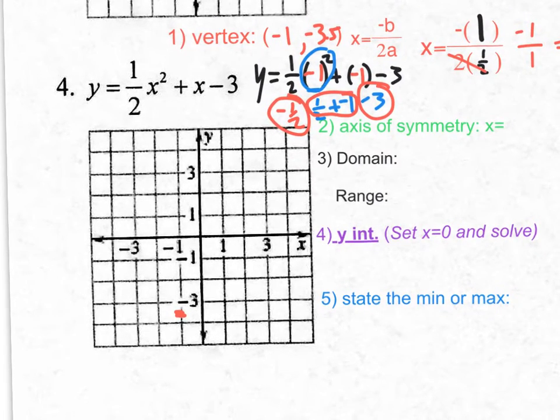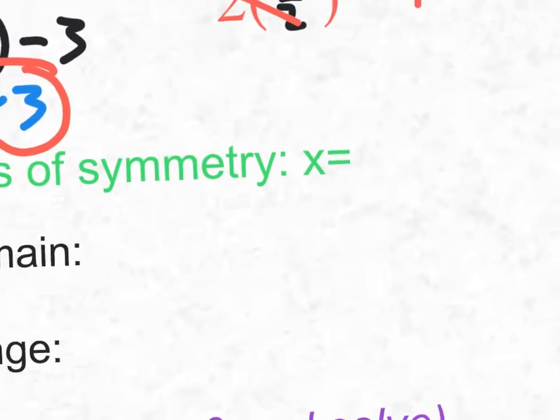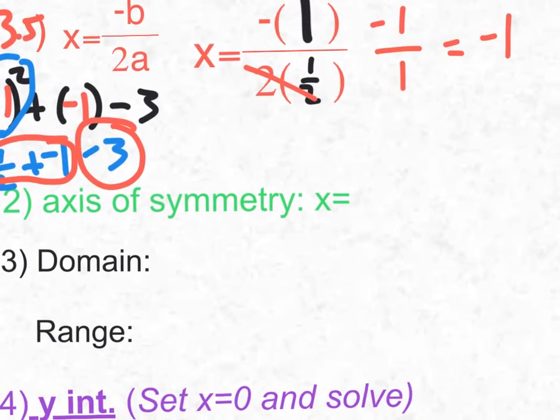Okay, what do I do after drawing my vertex? Well, number 2 right here says axis of symmetry. Now, what if I wanted to write the axis of symmetry equation? What's my axis of symmetry equation? X equals what? X equals -1.